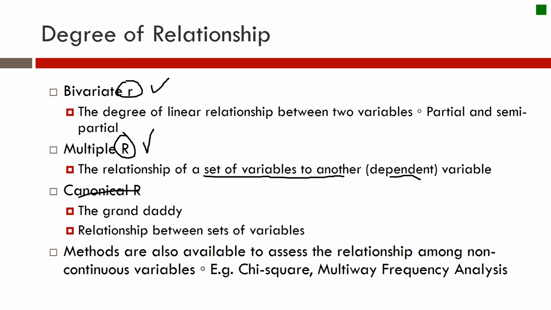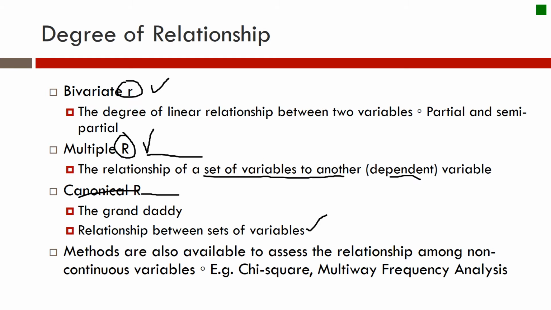So imagine you have regression in this multiple R sense. What if you had 3 or 4 regression formulas and you wanted to compare the relationship between those regressions together? That would be a canonical R relationship. So the relationship between sets of variables as opposed to the relationship between variables is really what's happening right there.